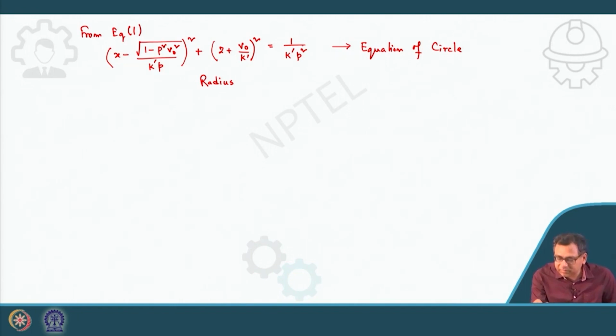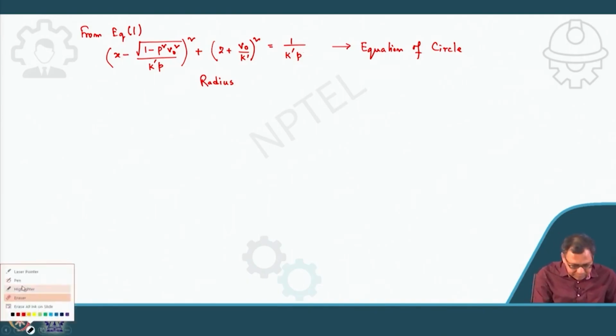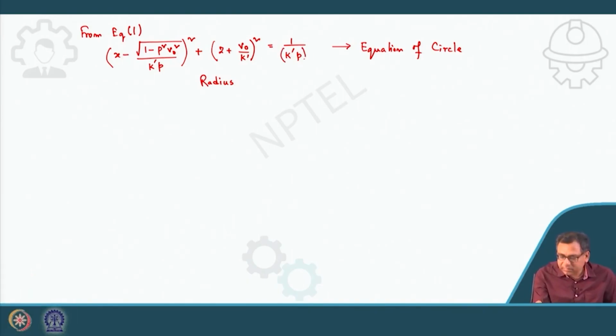This is also a whole square, so the radius will be 1 by k dash p, and the center of the circle, what will be the coordinate?